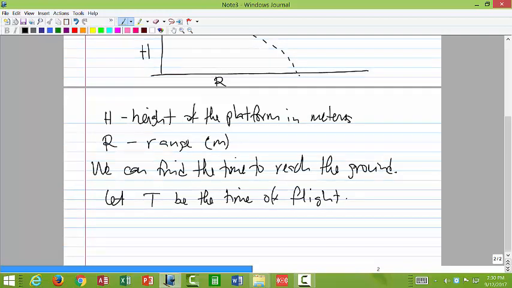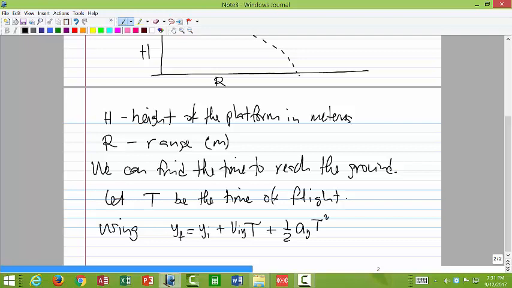Using our kinematic equations, y final equals y initial plus v initial y t plus half a y t squared.